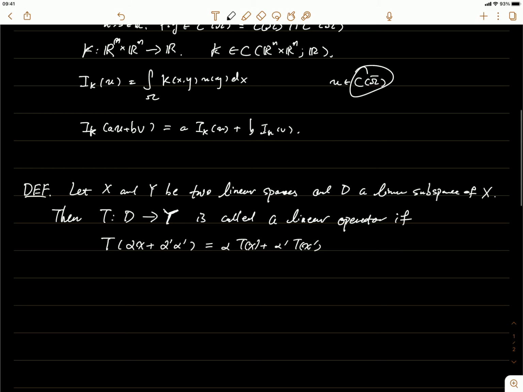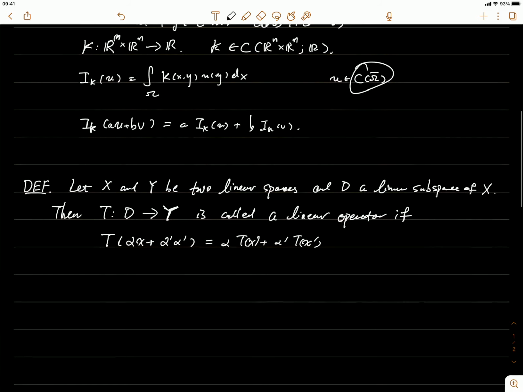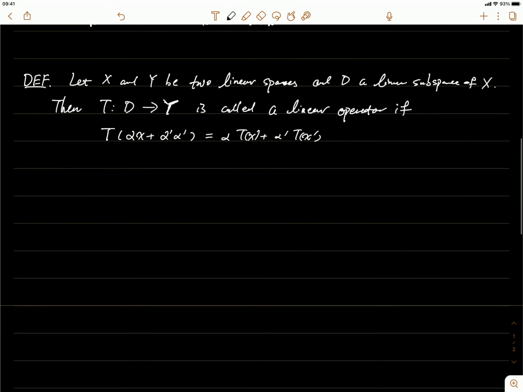Usually we don't need to as long as it's clear. I think it's easier to just write Tx without parentheses. It looks cleaner. But anyway, if this is true for any alpha, alpha prime in R or in C, depending on whether the linear space is over R or C, and also any x, x prime in D.